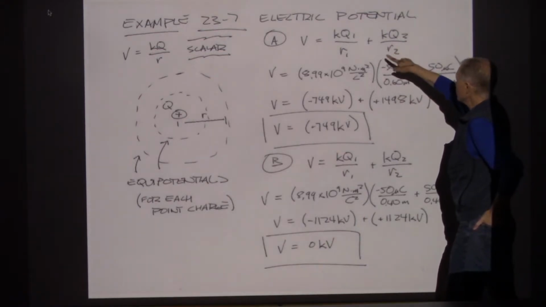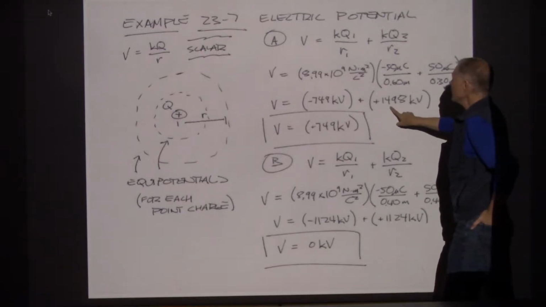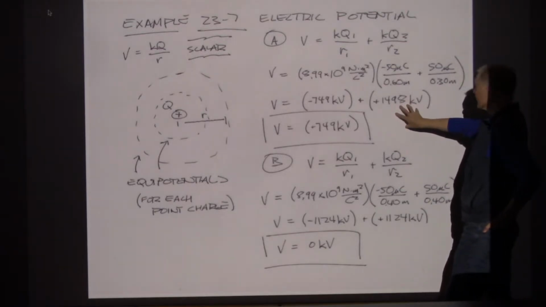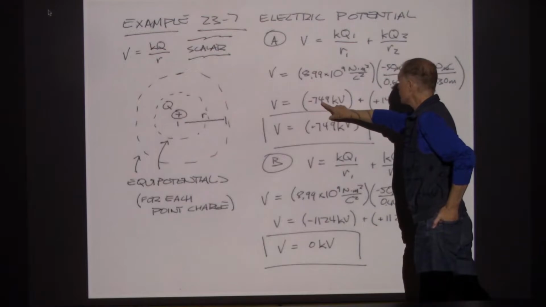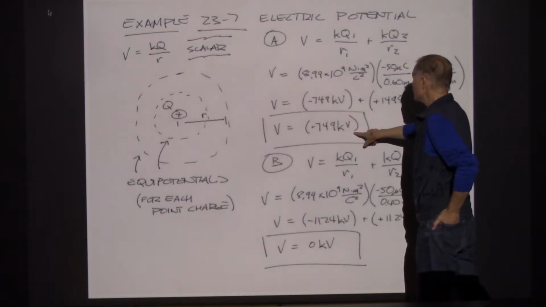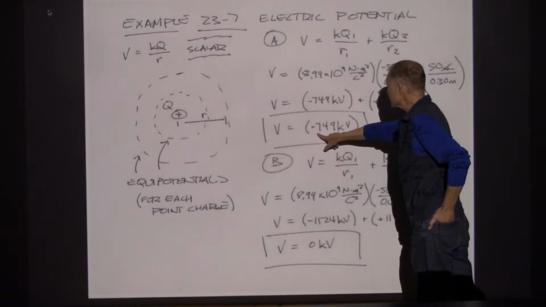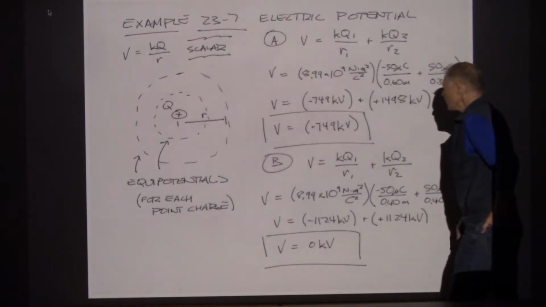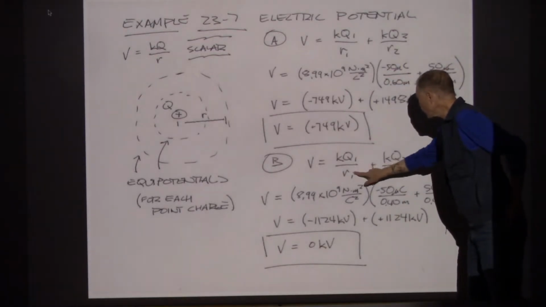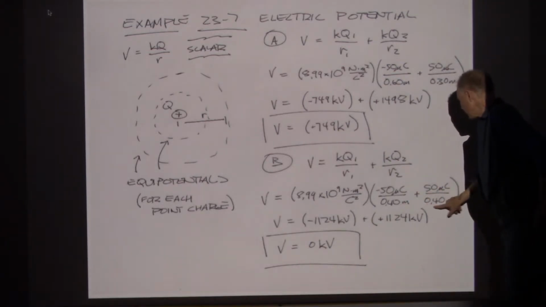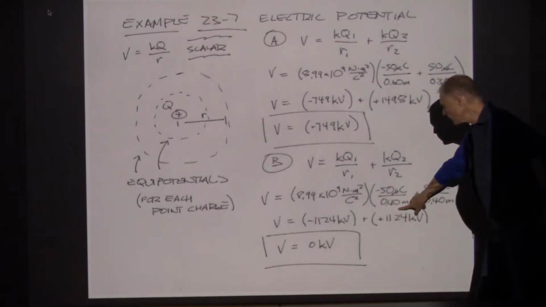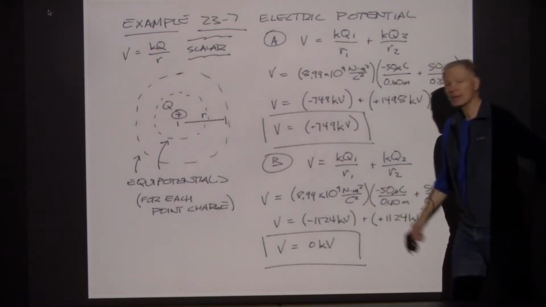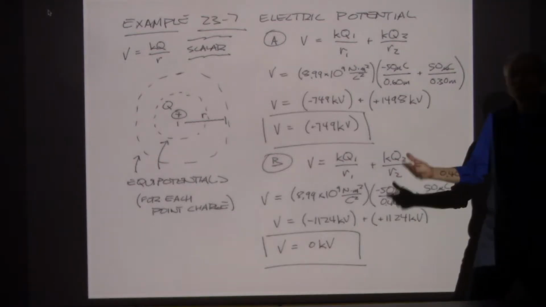And when I follow the prescription for the formula, I'm ending up with a positive 1498 kilovolts from the positive charge, but minus 749 kilovolts from the negative charge. And that balances, well, it turns out to be plus 749 kilovolts. When I'm looking at position B, r1 and r2 both have the same value, and so the contribution from the negative charge and the contribution from the positive charge exactly balance out. And the voltage is 0.